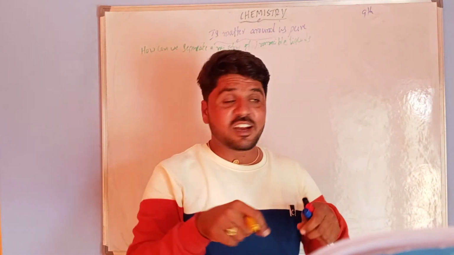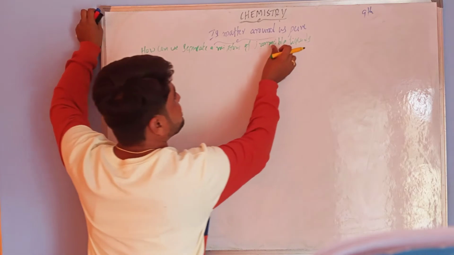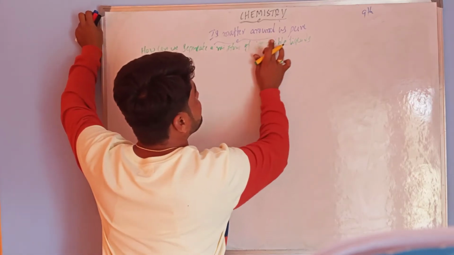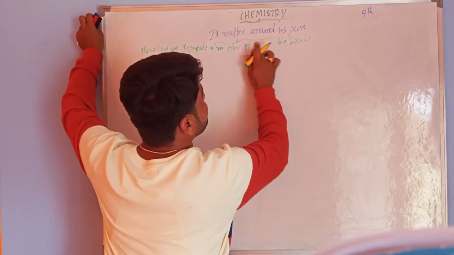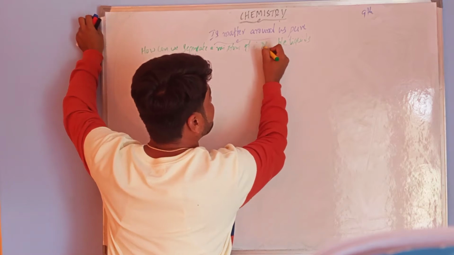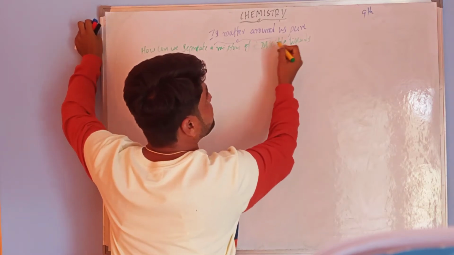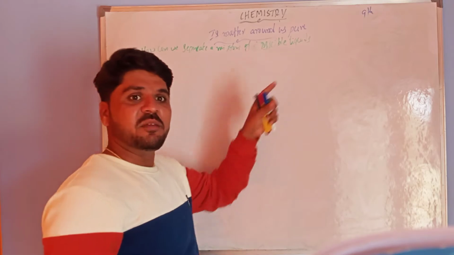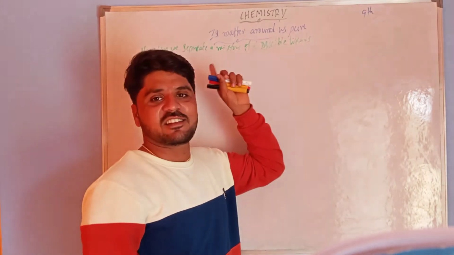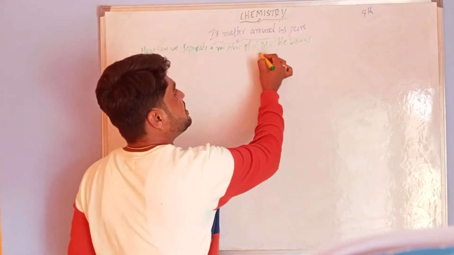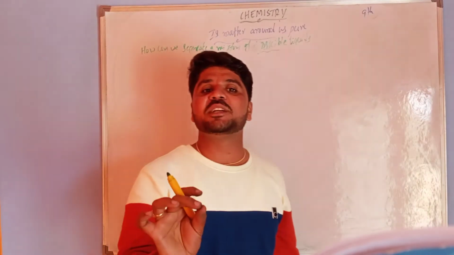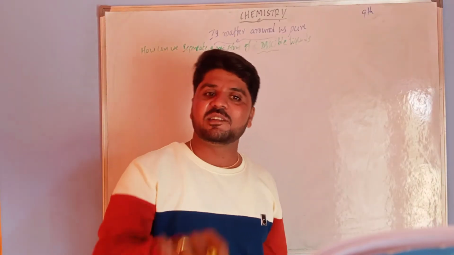In this chapter, miscible liquids. Immiscible liquids we studied in the last class. In this class, miscible. So, what is the difference between miscible and immiscible?